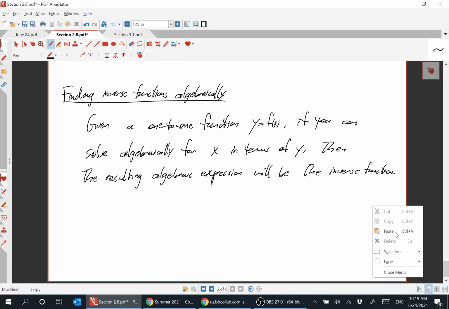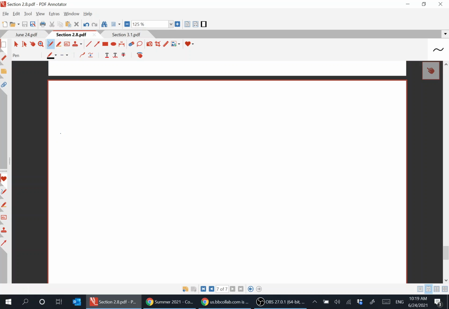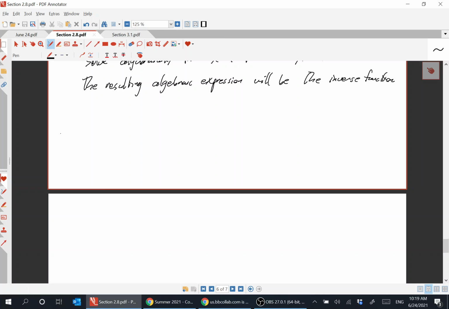And you know, a few examples. Now, as we were talking, linear functions are always one-to-one. So they always have inverse functions. So f of x is equal to 3x plus 7.